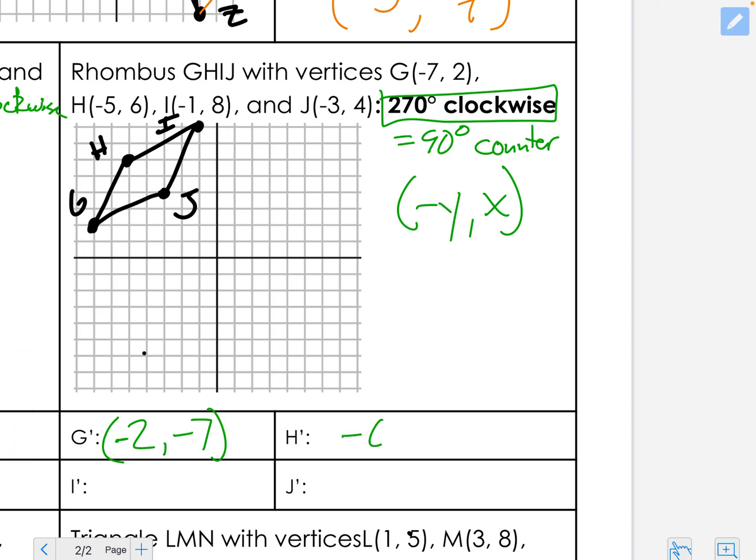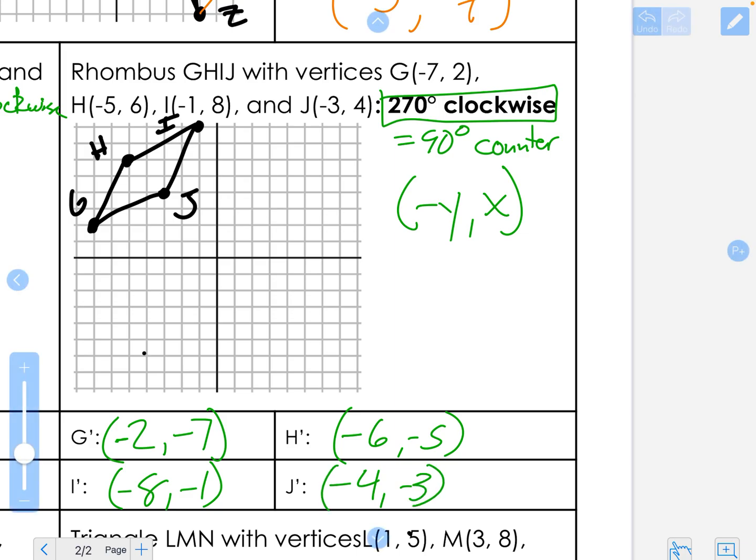Then for H, I'm going to get negative 6, comma negative 5. I'm going to get negative 8, comma negative 1. And then J is going to become negative 4, comma negative 3. So that's G prime. That's I prime.